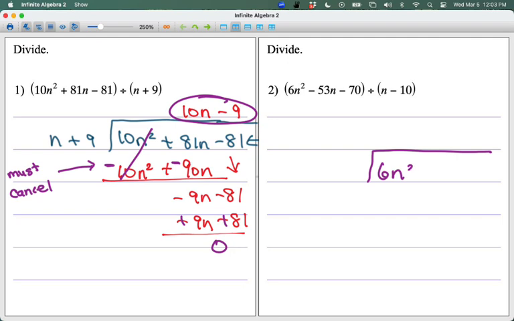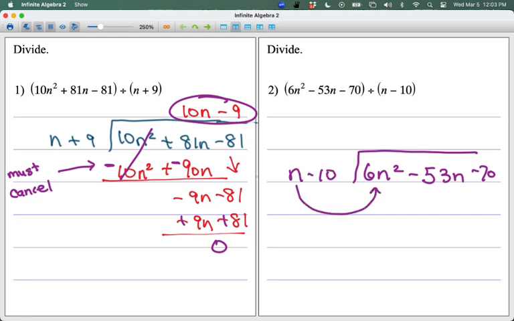In standard form, we bring down this one here and put it in standard form, n minus 10. We ask ourselves, n times what gives me 6n squared? And that will be 6n, and we put it above its like term.